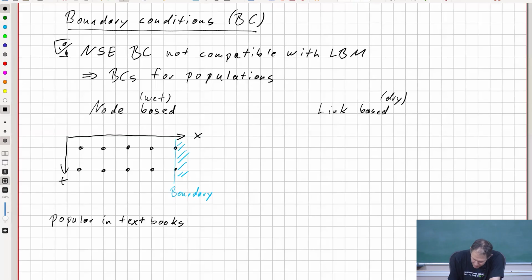They have been very popular, in particular in the beginning of the Lattice-Boltzmann world, so actually in the last century, kind of. It has been relatively soon observed that most of these boundary conditions are not very stable. They are orientation dependent.